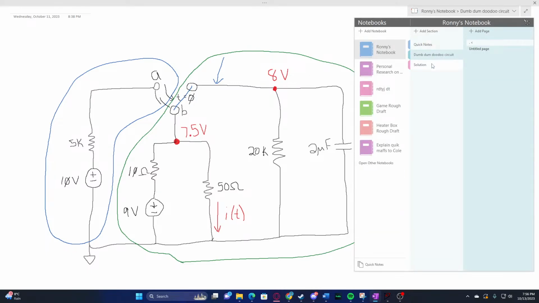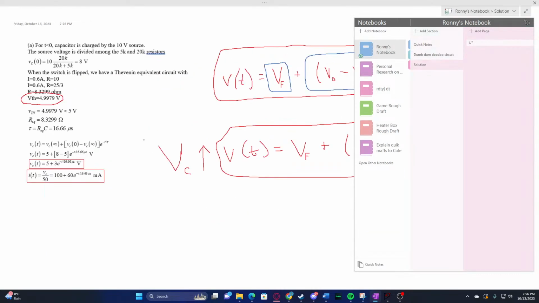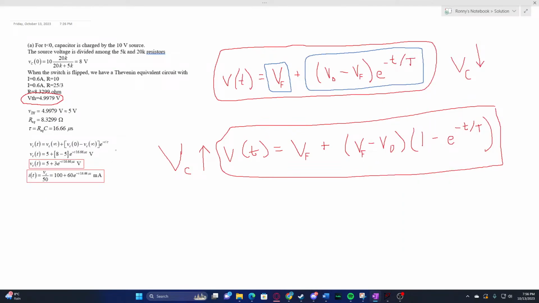Oh, right. Because if I look at their solution, this is the expression they say should represent the voltage change of the capacitor after the switch changes at t equals 0. Now, this is weird to me because they say that essentially the final voltage it's going to is 5 volts, which doesn't make any sense to me because why would it?